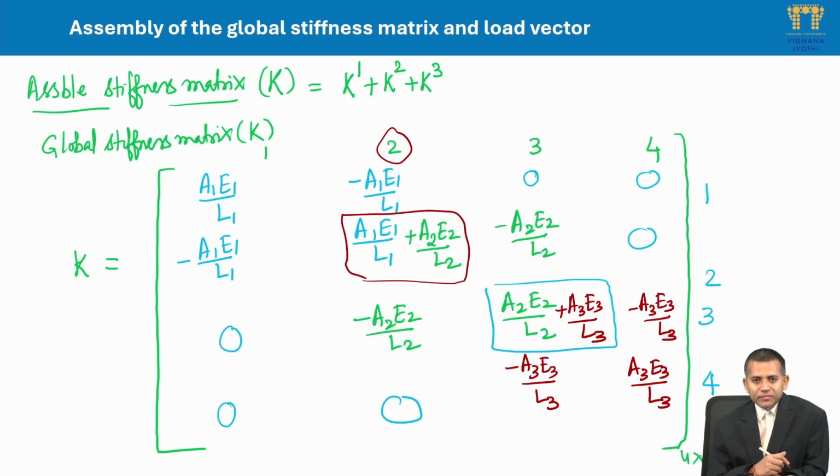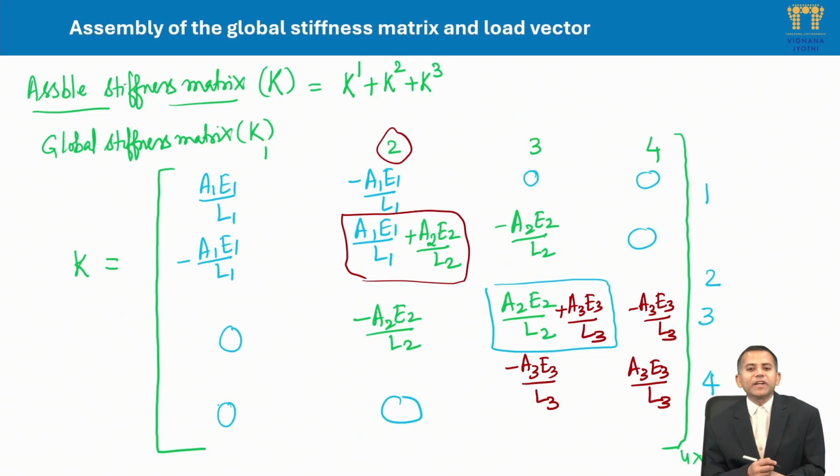Second, the stiffness matrix is always a symmetric matrix, whether it is a global or an element stiffness matrix. If you observe this global stiffness matrix, it is symmetric. Here A1 E1 by L1, minus A1 E1 by L1 in the second column, and again minus A1 E1 by L1, and the third element is 0 and the fourth is 0.